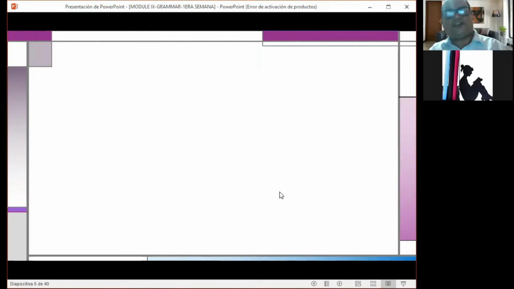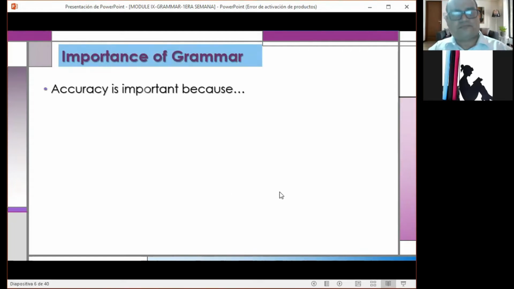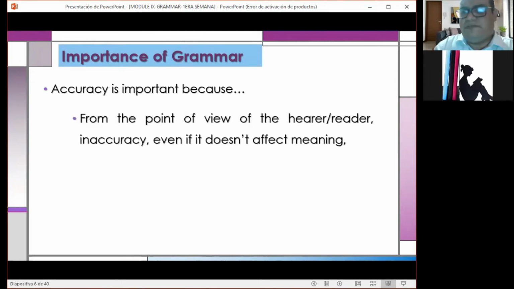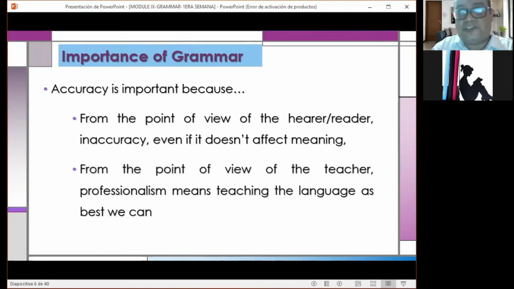So let's continue talking about grammar. Remember, accuracy is important because from the point of view of the hearer, the reader, inaccuracy, even if it doesn't affect meaning, it's very important, the meaning, the message. From the point of view of the teacher, notice, professionalism means teaching the language as best we can.